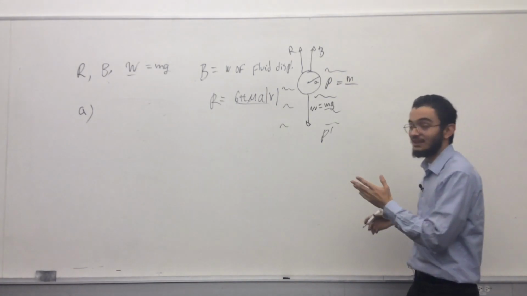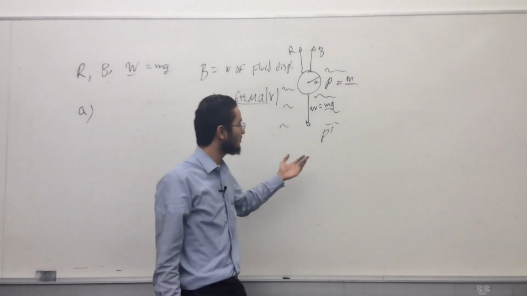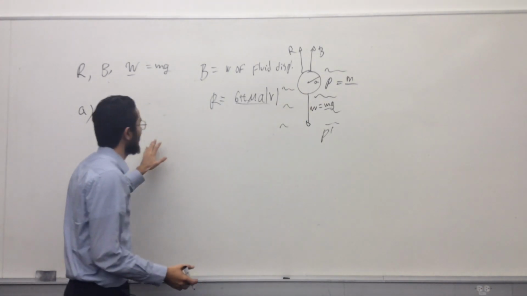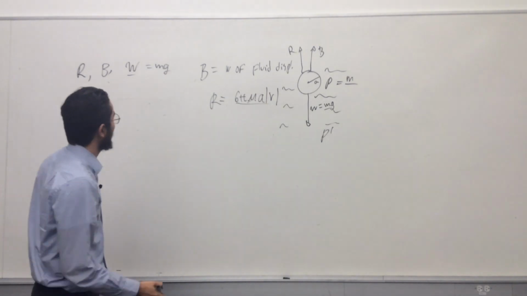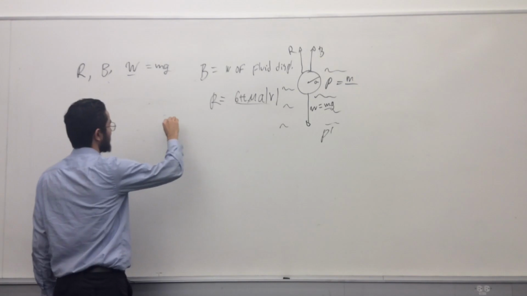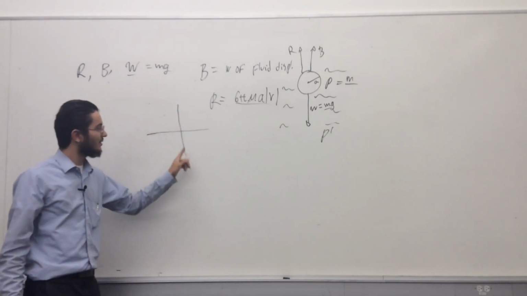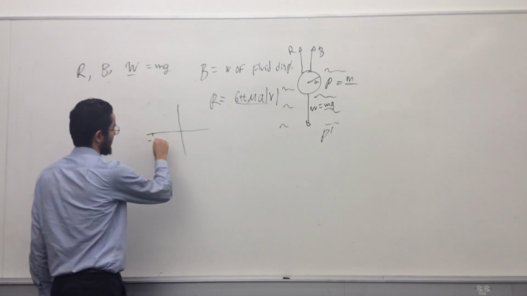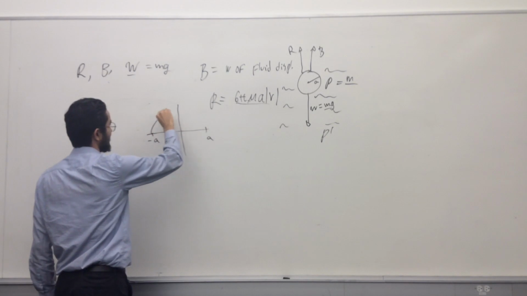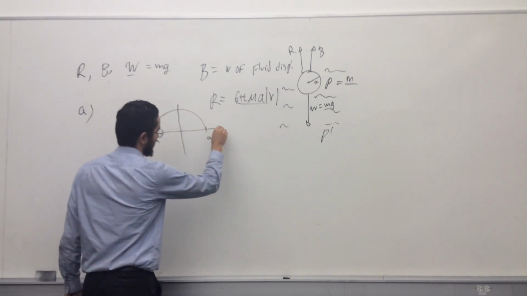And of course, if you want to be fancy, I can prove to you with integrals what the volume of the sphere is. So let's say that we have some semicircle. We're going to make a little coordinate axis over here, and we go from negative a to a. So this is the radius, and we're going to have a semicircle, and we're going to revolve this about the x-axis.